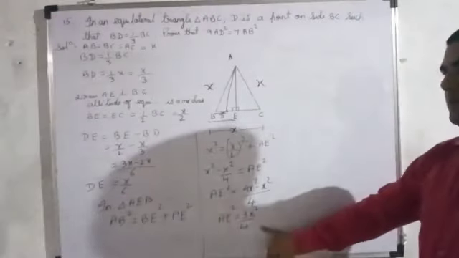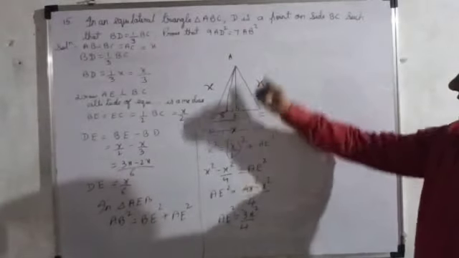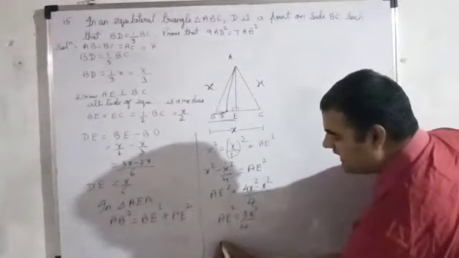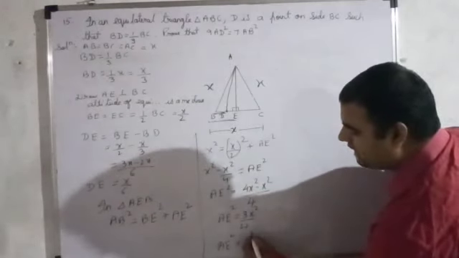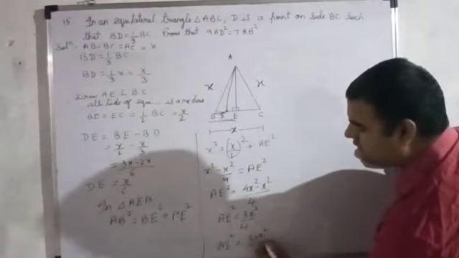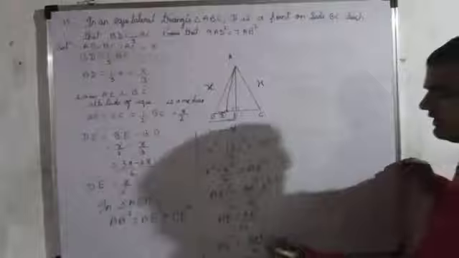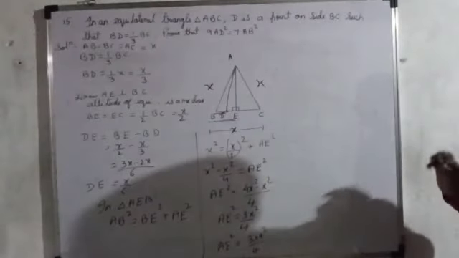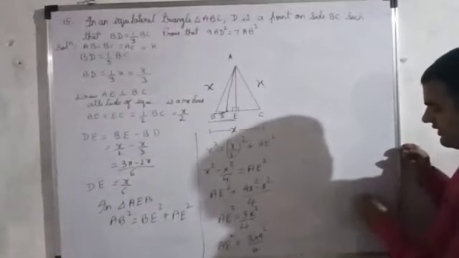And in the previous question, it was asked what is AE square. Simply put the value of x. What is x? It is 9. We'll get AE square equals 3 into 9 square upon 4. Taking the square root, you'll get the answer also. Whatever the previous question's answer was, you will get it as it is, no changes. Root 63 you got, no?